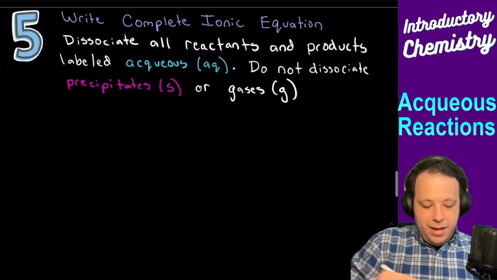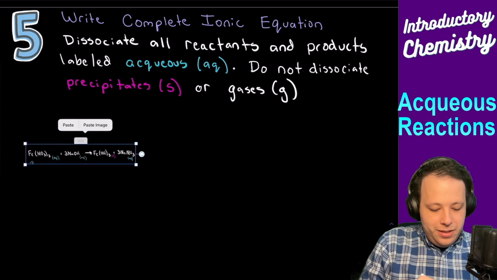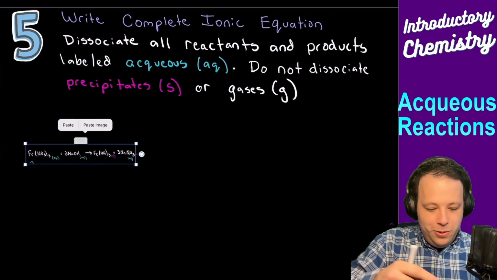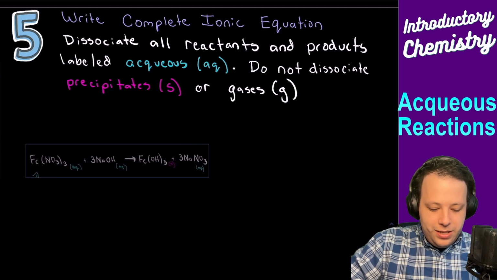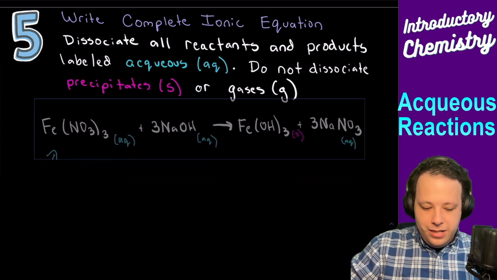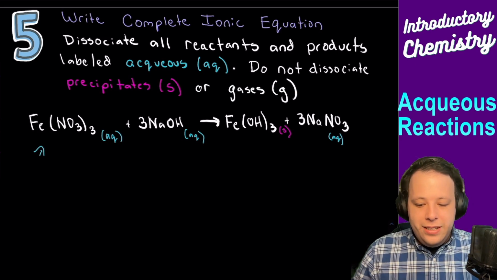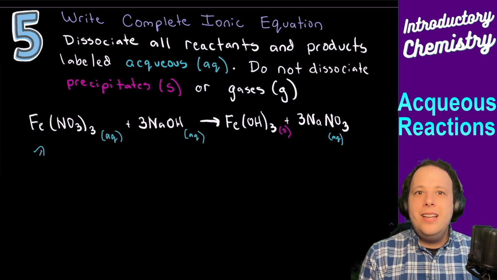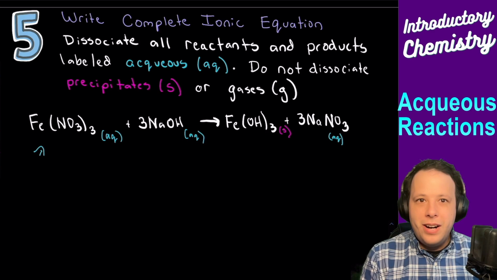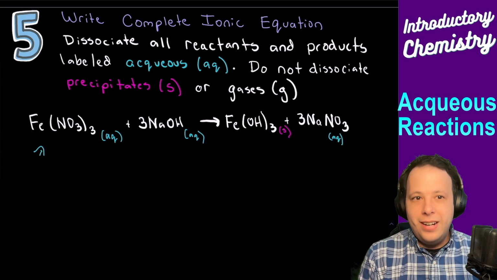All right, the next step, step 5. So with this, the whole idea is, all right, if we take this, we need to see what dissociates between the reactants and the products, meaning what actually makes ions.